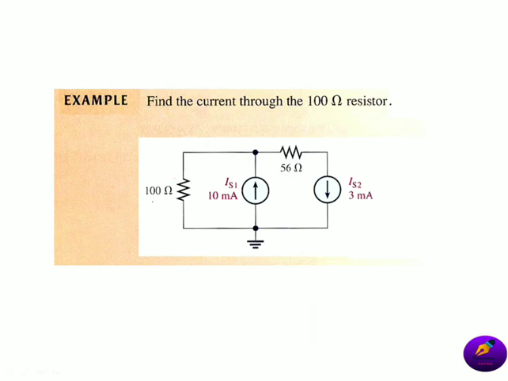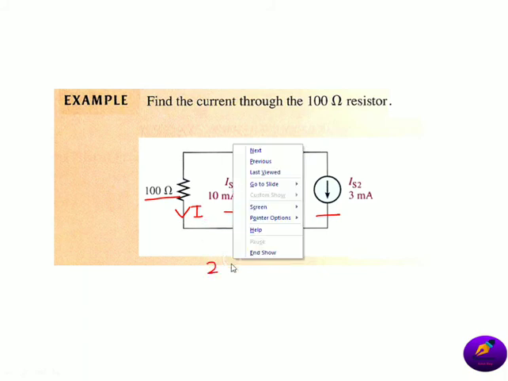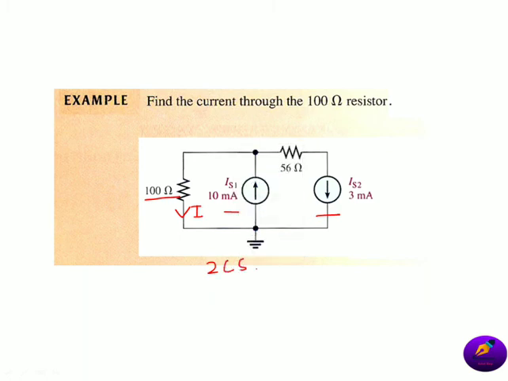Taking another example, we have to calculate the current through the 100 ohm resistor using the superposition theorem. In this circuit we have two current sources and we need to calculate the current through this 100 ohm resistor. So since we have two current sources, we have to draw two circuits.